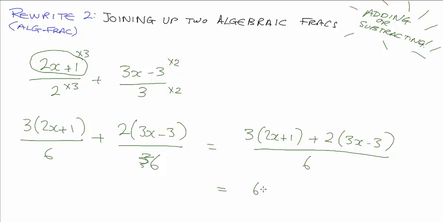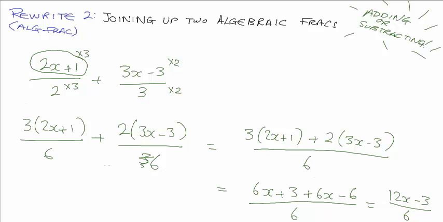So that'll be 6x plus 3 plus 6x minus 6, all over 6. And clean this top up, which becomes 12x minus 3 over 6.